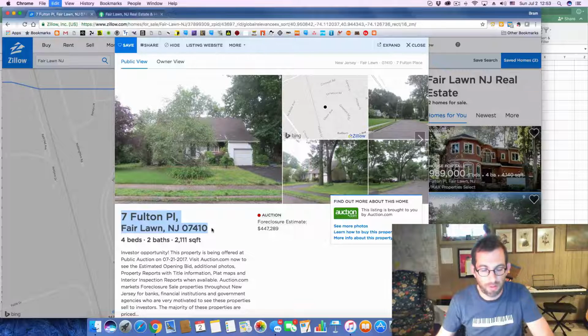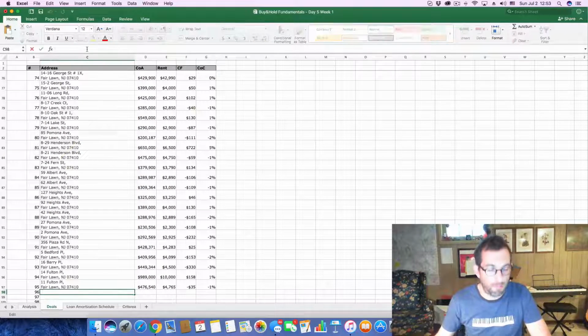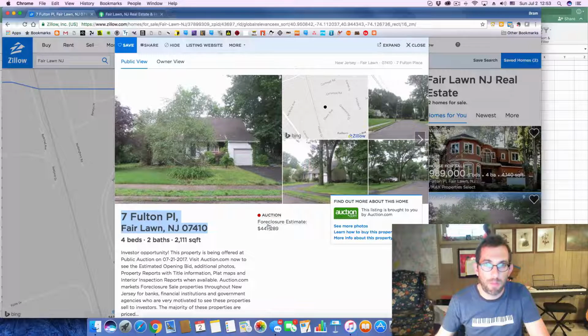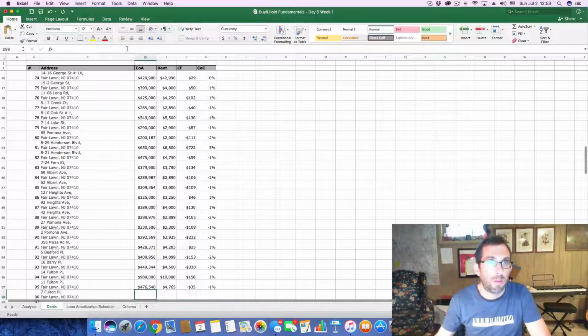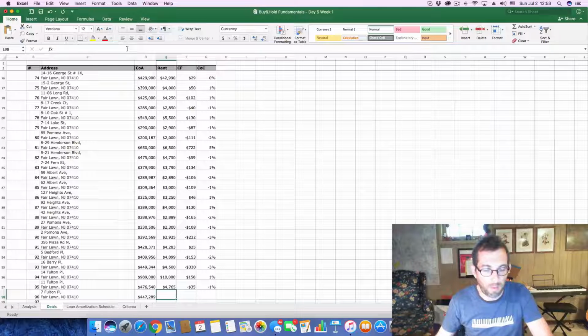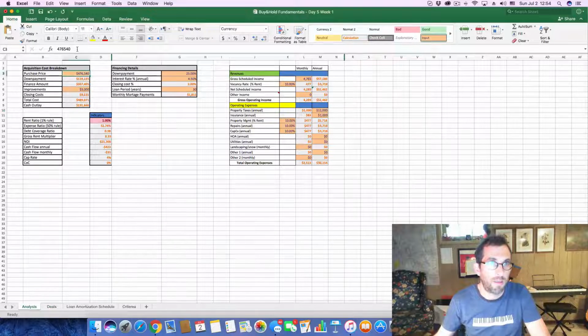Same street. Look at how different the houses look. And there we go, another auction. Go for 1% and stick that in our analysis tab.